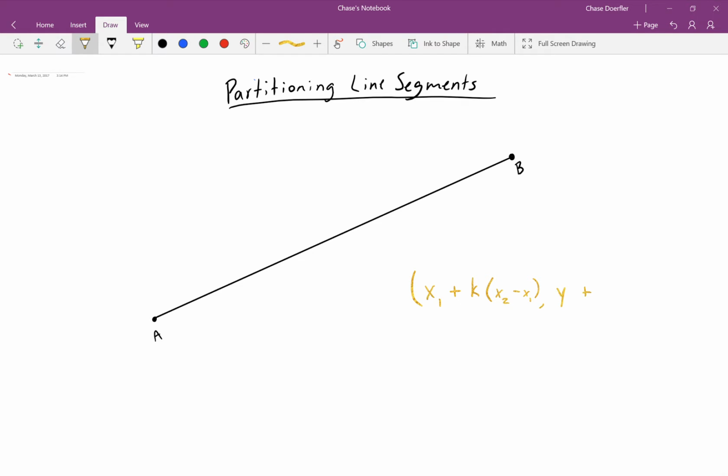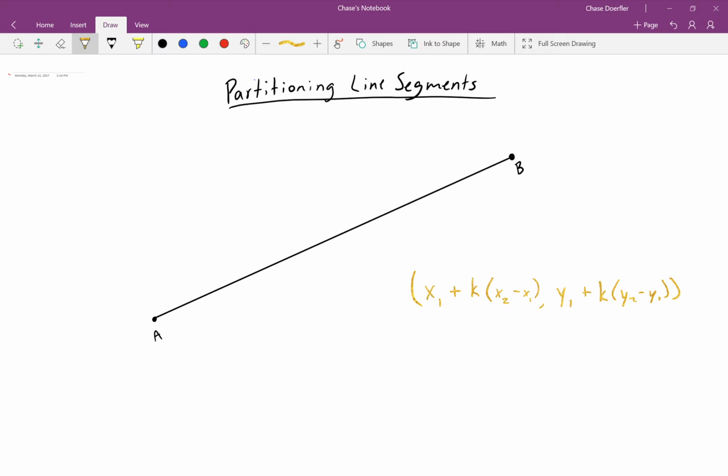So the method that I use is x1 plus k times x2 minus x1, comma, y1 plus k times y2 minus y1.